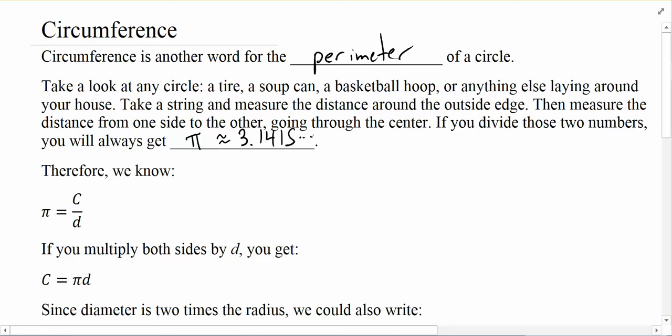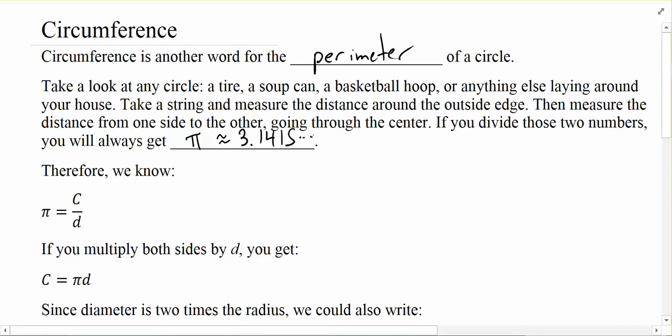It goes on forever. It's an irrational number. But if you take the circumference and divide by the diameter of any circle in the world, you'll always get this number pi. And that's why we gave it a special name. We gave it a special name because it kept coming up all the time. And so pi is the ratio of the circumference to the diameter.